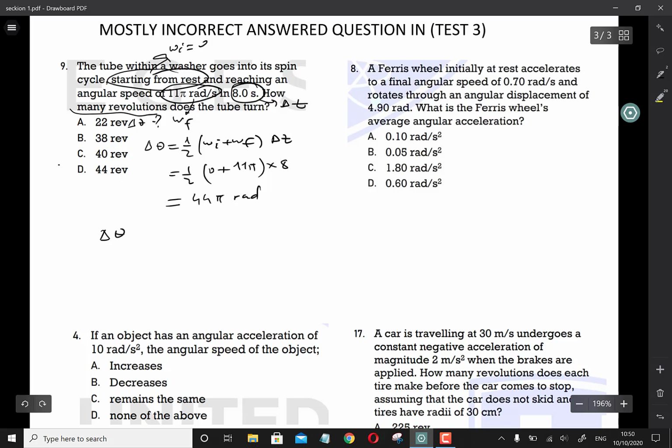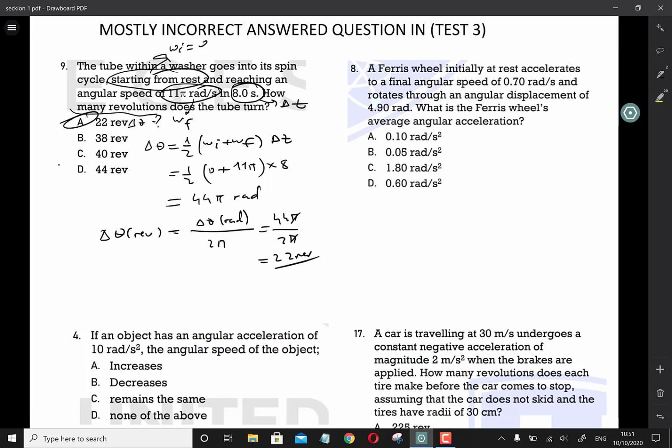We can convert radians to revolutions by delta theta in radians divided by 2 pi. So 44 pi divided by 2 pi. Simplify the pi's. 44 divided by 2 is 22 revolutions, which is the correct answer.